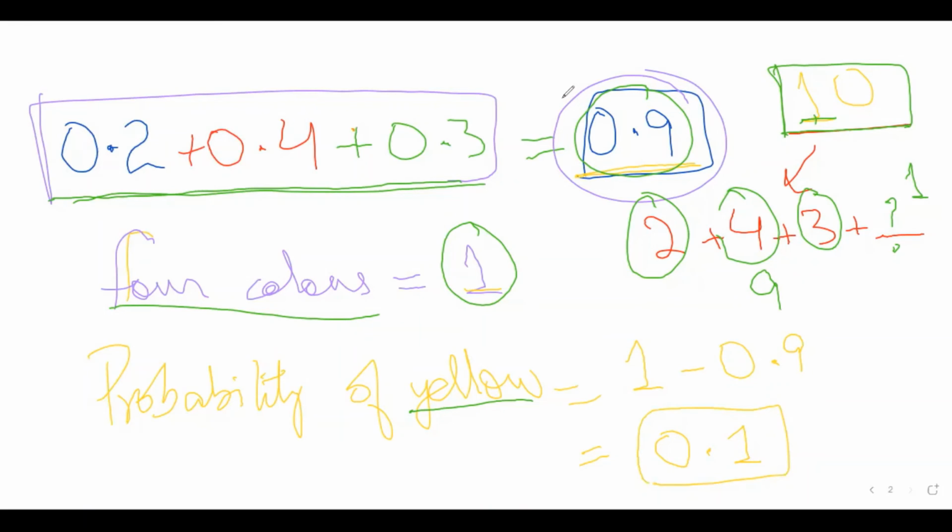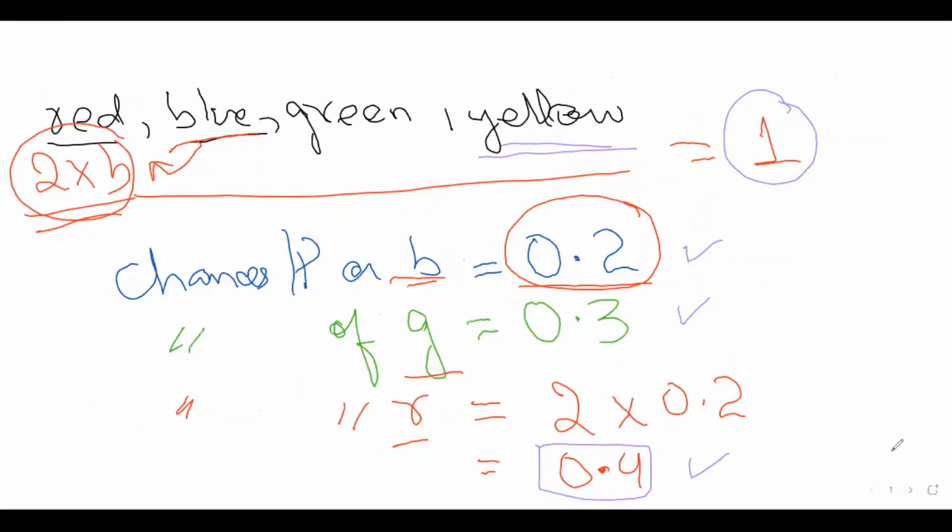Now is it clear? Yes. Okay, let me repeat it for you because it was a new question. What was given? It was given that there are 4 colored buttons in the bag of Jessica: red, blue, green and yellow.